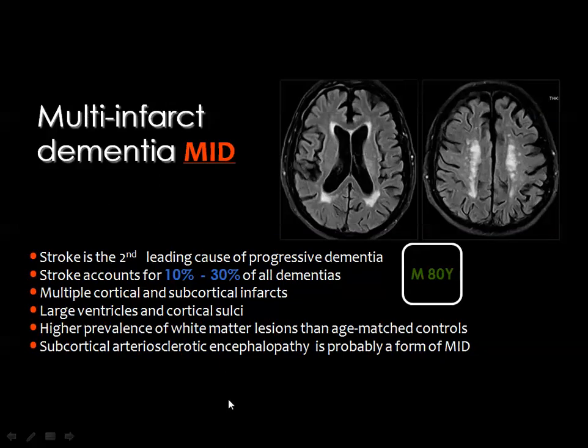And multi-infarct dementia is seen in old patients and presented by the previously mentioned changes in the form of brain evolutionary changes and sheets of high signal intensity surrounding the ventricles, the deep white matter, foci, and patches of high signal intensity in T2 and FLAIR weighted images representing ischemic white matter changes.